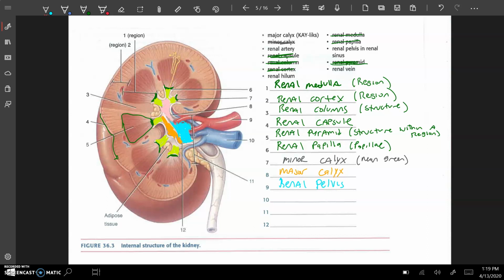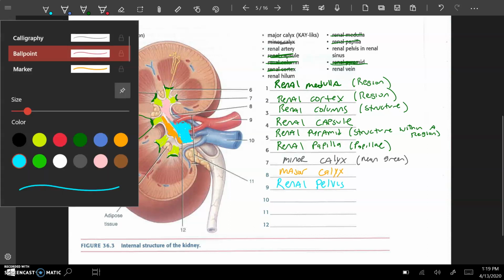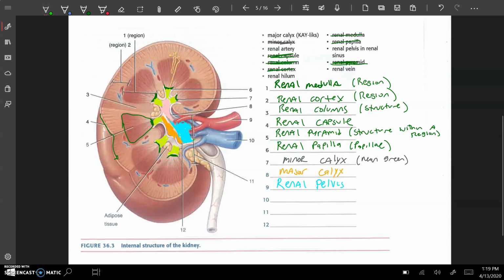The renal pelvis, I'm going to fix that because it looks ugly, will then connect to this structure right here, which is called the ureter.